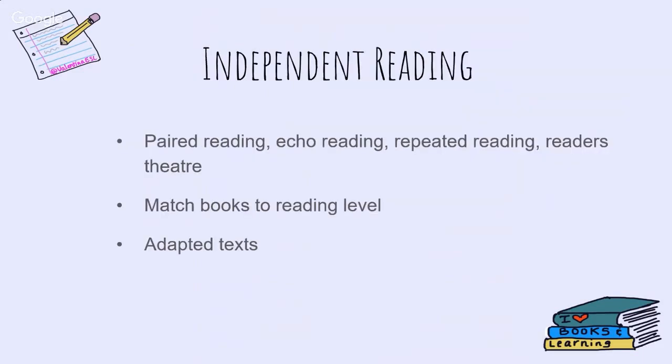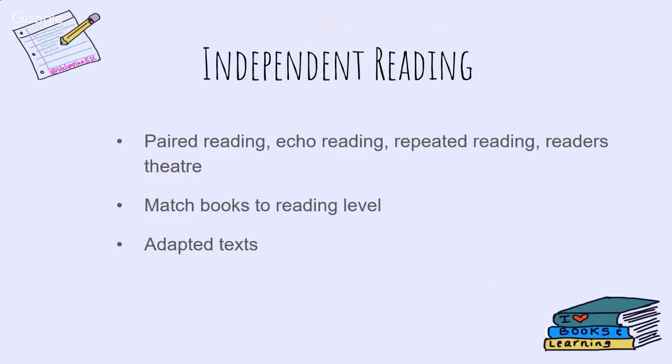So while the other kids are not in the small group, they could be doing paired reading, working with partners. They could be doing repeated reading or reader's theater. They could be reading just on their own, using matched books to their reading level. I'm also big on using adapted text.